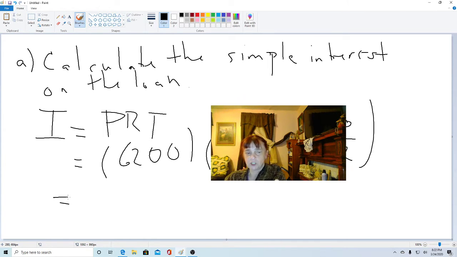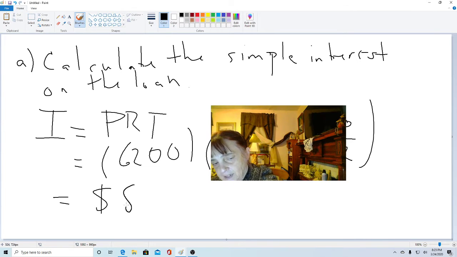So multiply 6,200 times 0.0575 times 30, and then divide that answer by 12. And you should get $891.25.